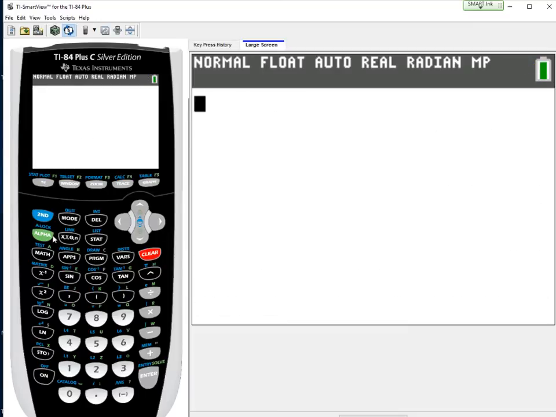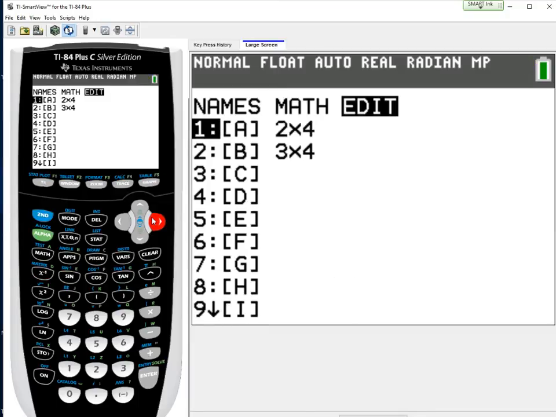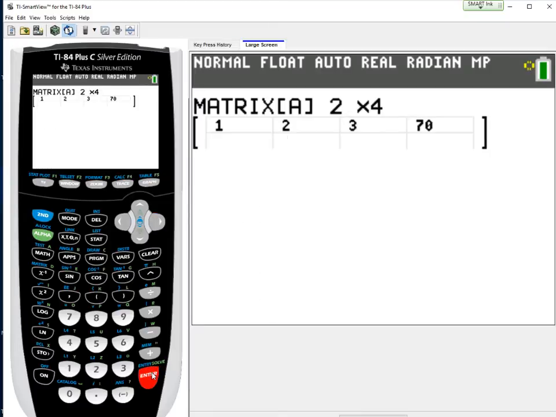Okay, so I'm going to go over to second matrix. I'm going to go over to edit. And I have the 3 by 3. So I want to make sure I've got the dimensions 3 by 3.